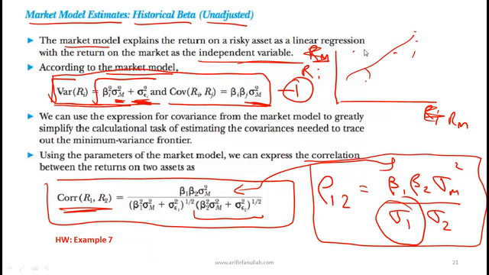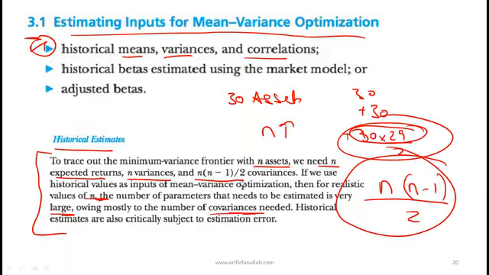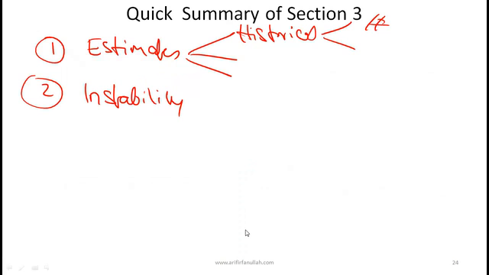Okay, let's just quickly go back and refresh ourselves. Historical estimates are actually subject to estimation error. Okay, we don't need to know the exact details of all this. So there is estimation error. Okay, then what was the next one? Next we talked about using the market model, and there were certain formulas that you need to know.